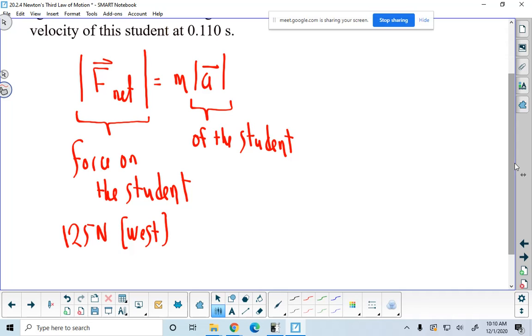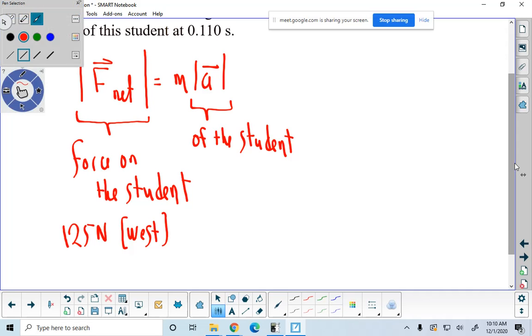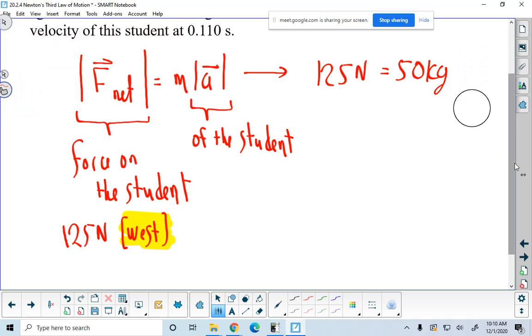So where we're going with this is we're going to use, I'm just going to highlight west because I don't want to put a direction in the formula. We are going to use F net equals ma to get 125 newtons equals the mass of the student, which is 50 kilograms, times the magnitude of the acceleration.